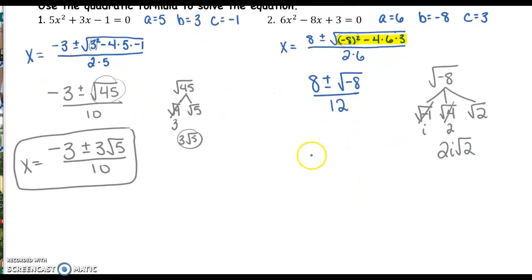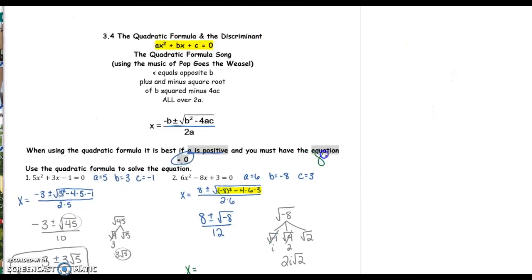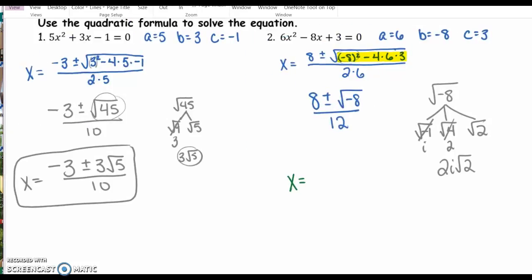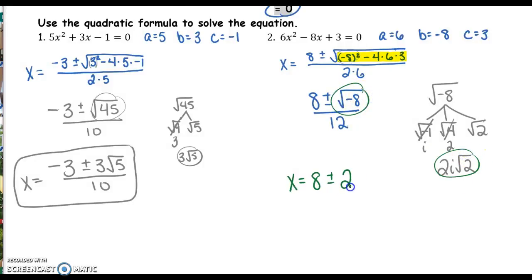So if we go back here, x equals 8, oh goodness, let's fix that. Eight plus or minus, and instead of the square root of negative 8, we now are going to use 2i times the square root of 2 all over 12.